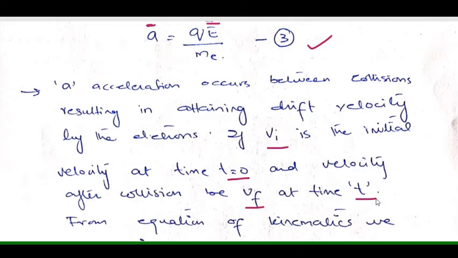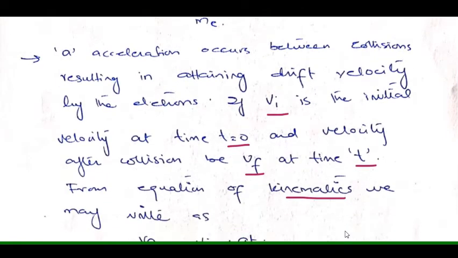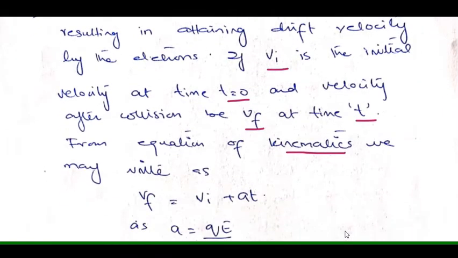If we have these parameters, the first thing that comes to mind is the equations of kinematics. We have three equations: Vf is equal to Vi plus At, 2s is equal to Vf square minus Vi square, and s is equal to Vit plus half At square. Here we will use the first equation, Vf is equal to Vi plus At.